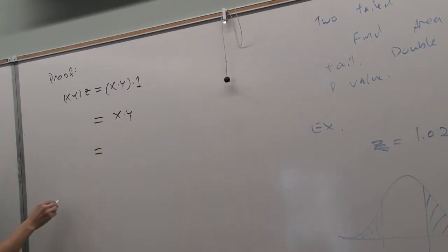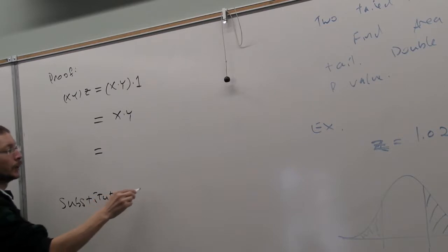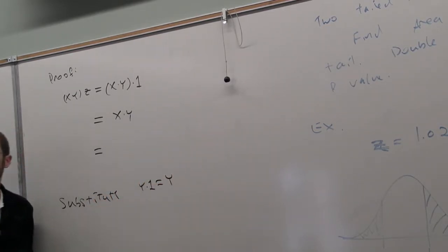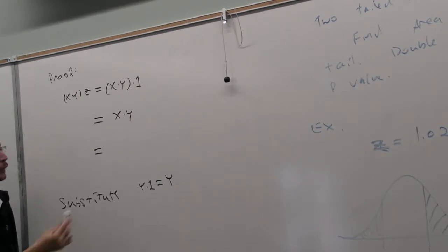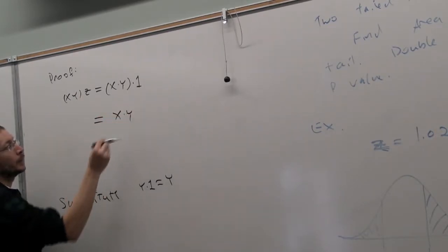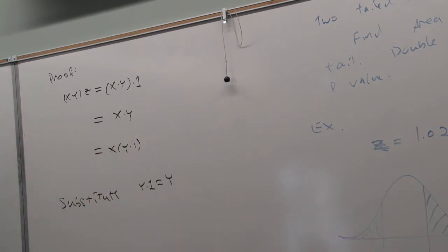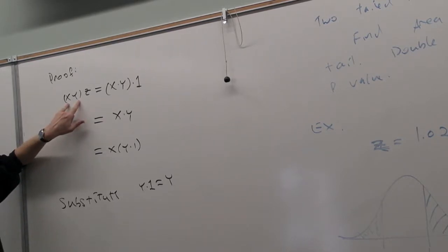But now we can substitute this equation in. We know that y times 1 is certainly the same as y. Everyone agree? So instead of writing y, let's substitute y times 1. And that's certainly the same thing as y. So we've rearranged the parentheses to where they were originally on x and y.